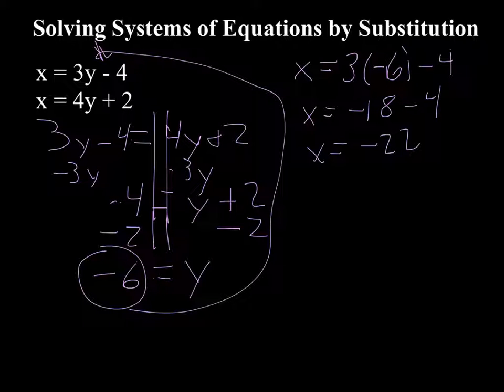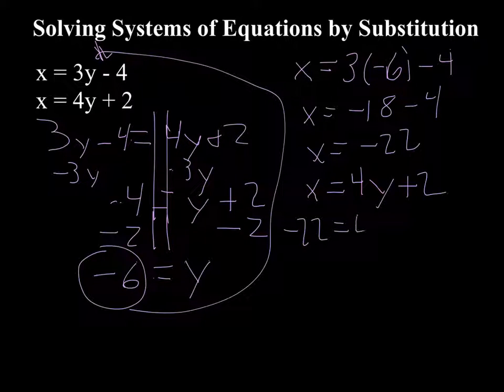Now I should be able to double check my answer by plugging these into the second equation. So instead of being x equals 4y plus 2, I'm now going to have a negative 22 for x and a negative 6 for y.